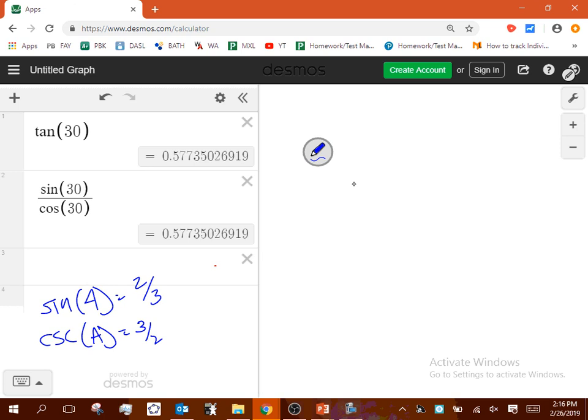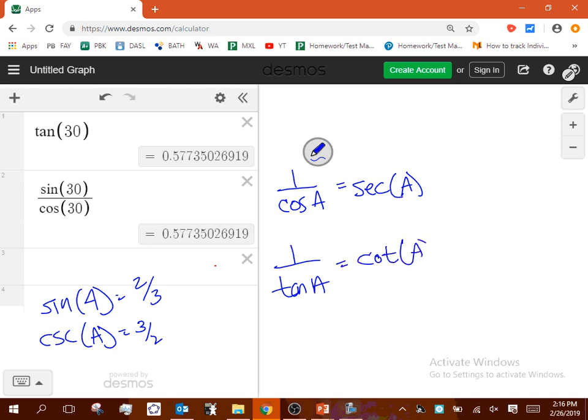So 1 over cosine of an angle, we call that secant, and we abbreviate it SEC. The reciprocal of tangent is an easy one. We call that cotangent.